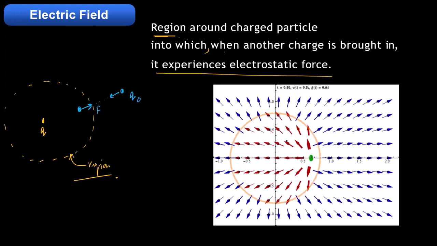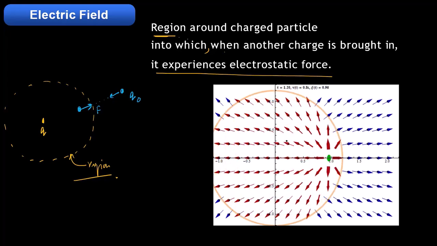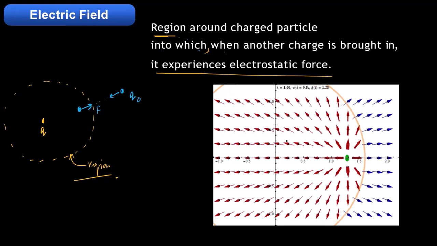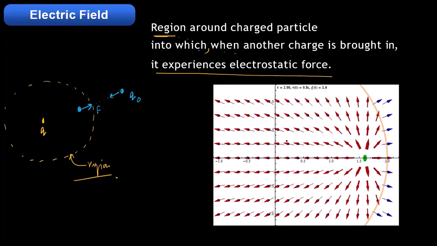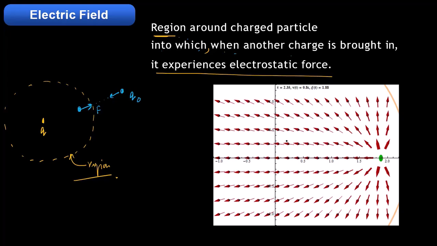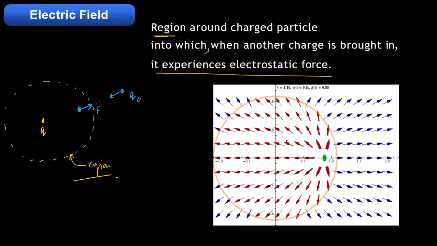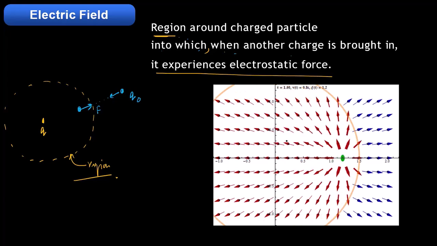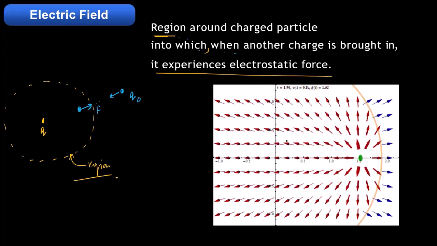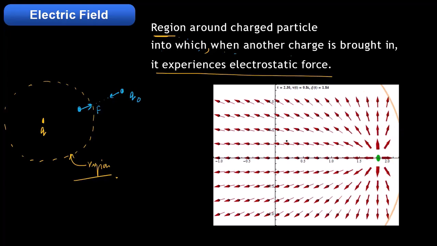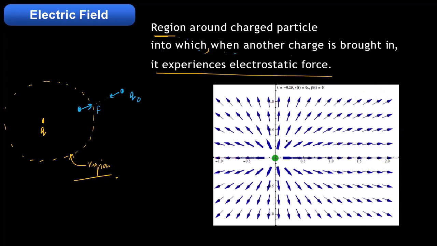So it is a region around a charged particle into which, when another charge is brought in, it feels a force. When I move the Q naught charge inside this region, only then will Q naught feel a force. Otherwise it will not experience any. That means initially Q produces an electric field around the charge itself, and inside that field region, once I bring another charge, we feel the force.